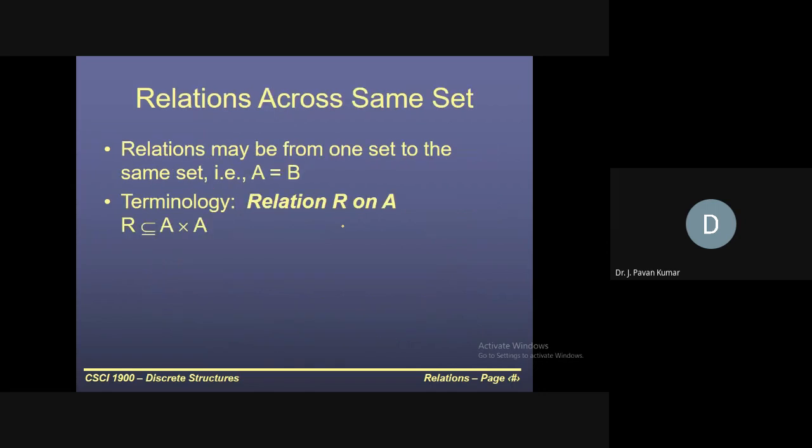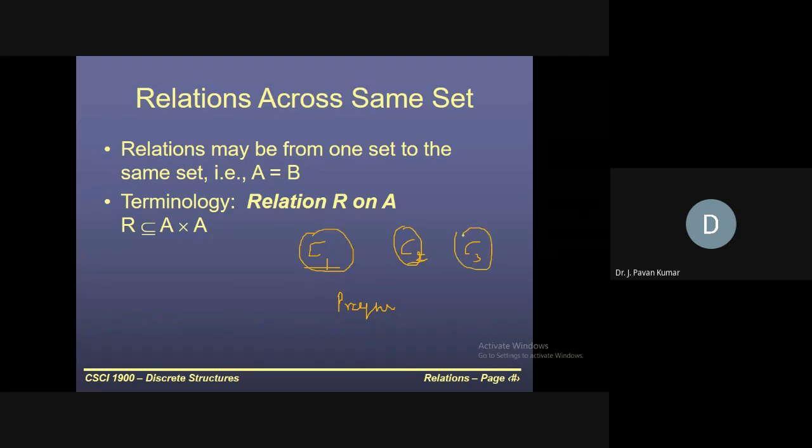Another one is that we can even have a relation across the same set. Consider courses C1, C2, C3, and several more. There exists a relation called prerequisite. In order to enroll in a particular course, say C2, C3 and C1 are the prerequisite courses.